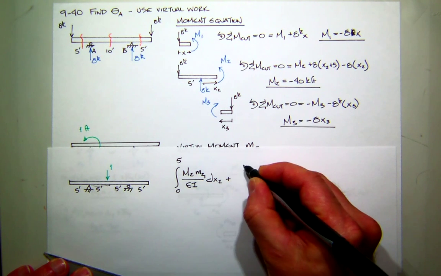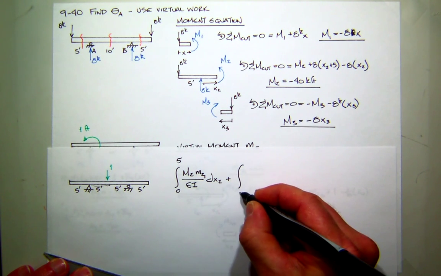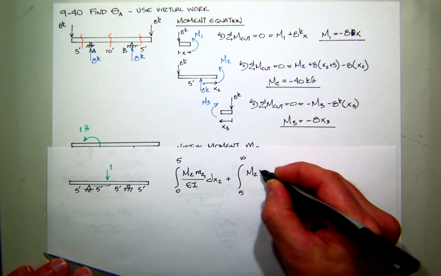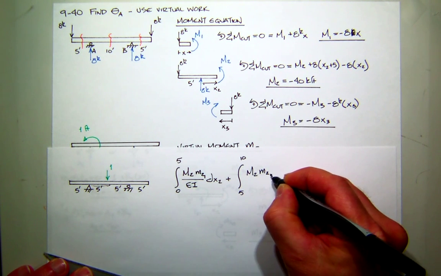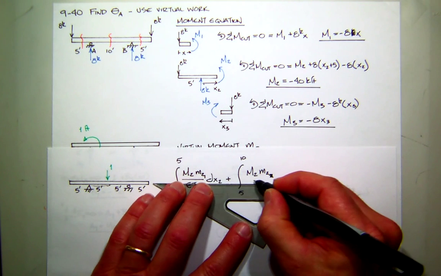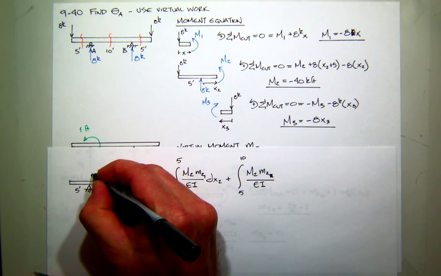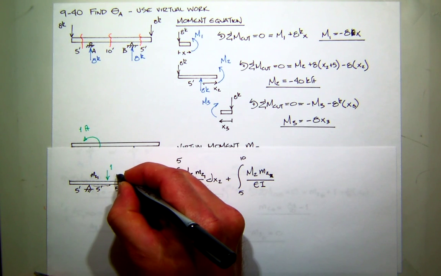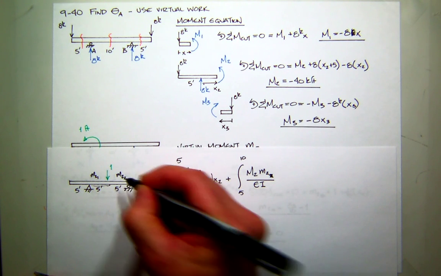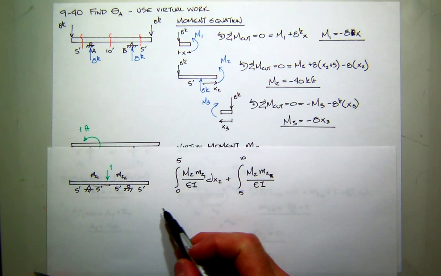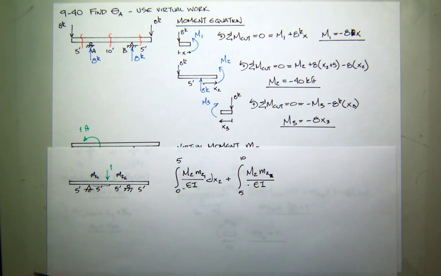And then I would have to add another one that might go from 5 to 10, same real moment, but a different virtual moment, say 2, because I would have one here and one here, 2 different ones. In that problem, I may say, you write those out, you're good enough, you're done.